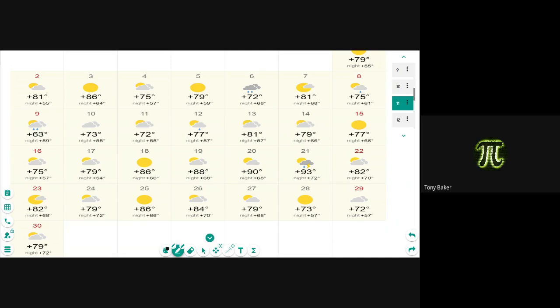Oh, I forgot that. The lowest is 63, the highest is 93. I subtracted it, divided by 5, rounded up to 6. It's actually 93, it's 30. But that's fine.